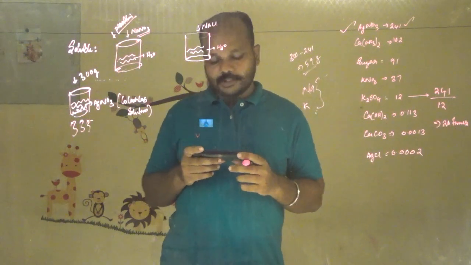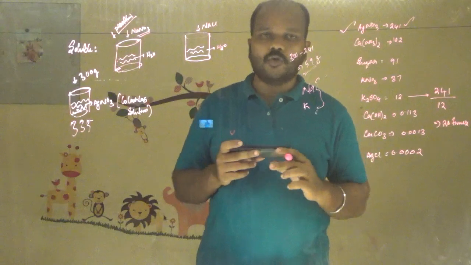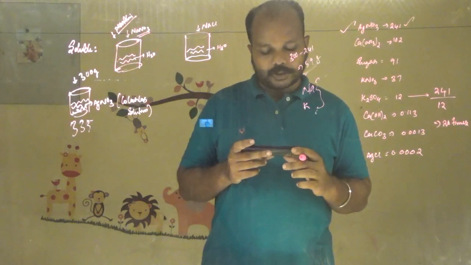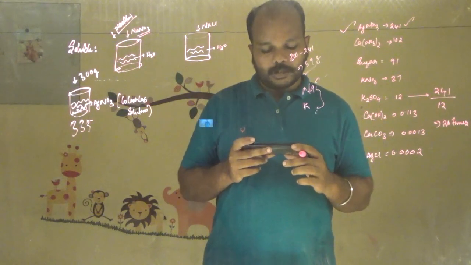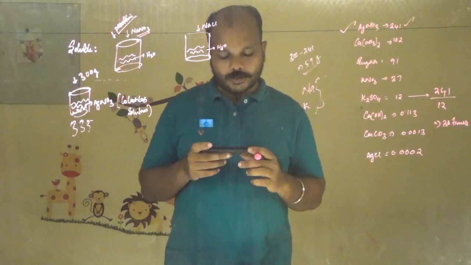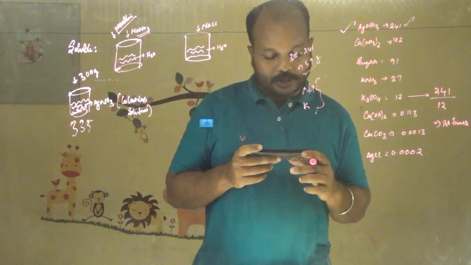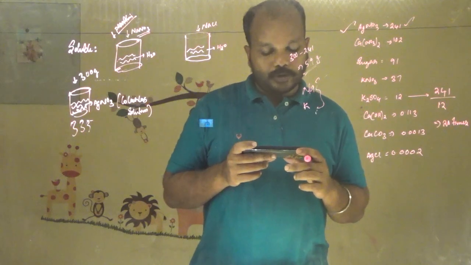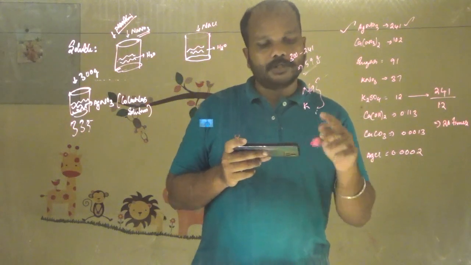Any salt of these two metals is going to be soluble. It is going to have complete solubility. Name one other group of salts that are always soluble. Let me repeat: name two metals that have no insoluble salts. Actually, this is the one.